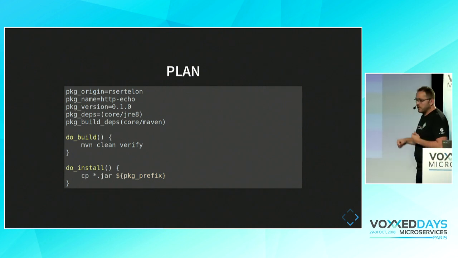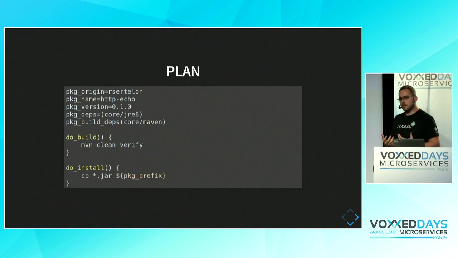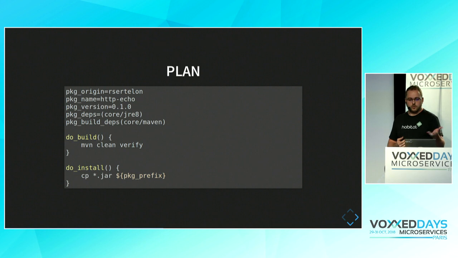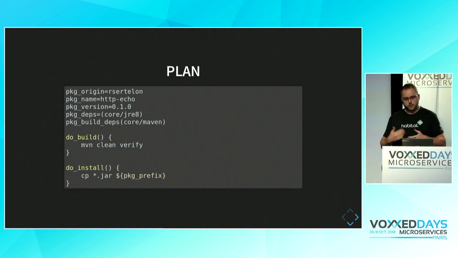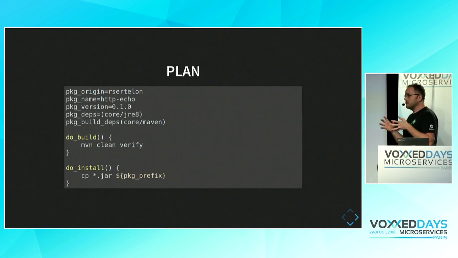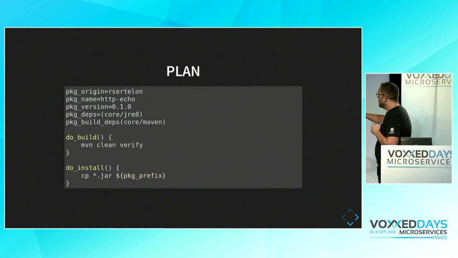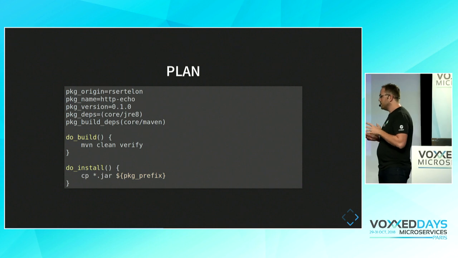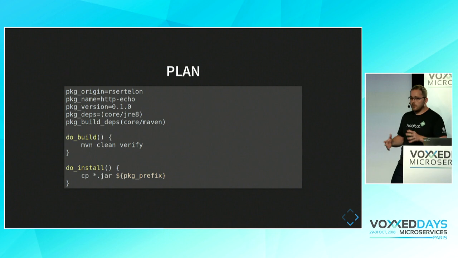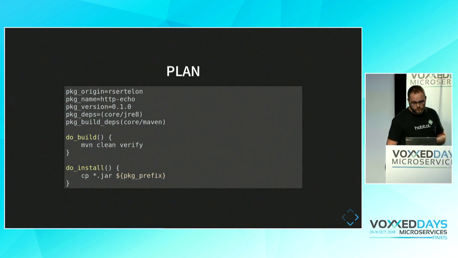So the do build will just actually build the application that's inside the package. So here we just launch the mvn clean verify command so that the jar will be generated. And then during the installation, we actually put all the files needed inside this pkg prefix path, which is actually the place on the disk where the package is stored. So everything inside this place will be actually inside the package.